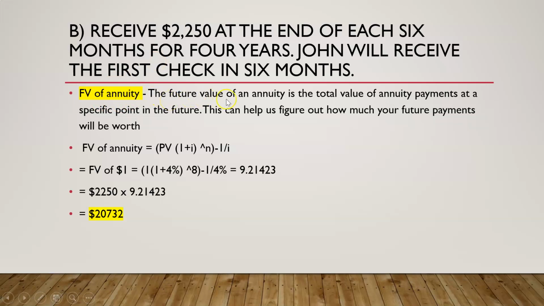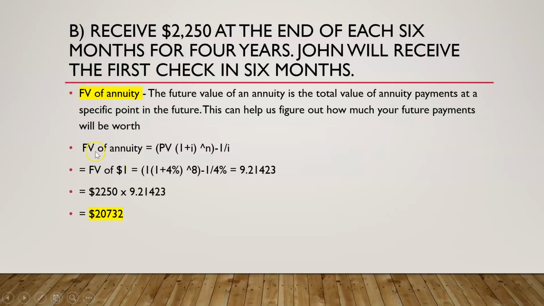The future value of an annuity is the total value of annuity payments at a specific point in the future. This can help us figure out how much your future payments will be worth.